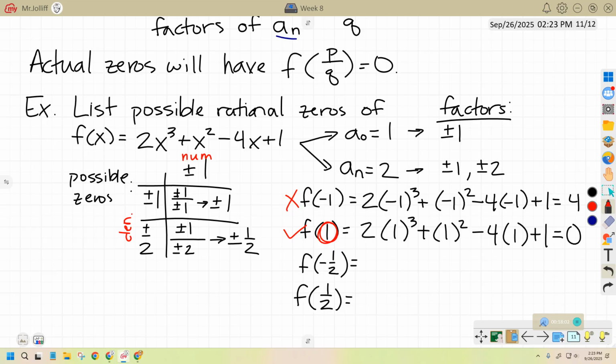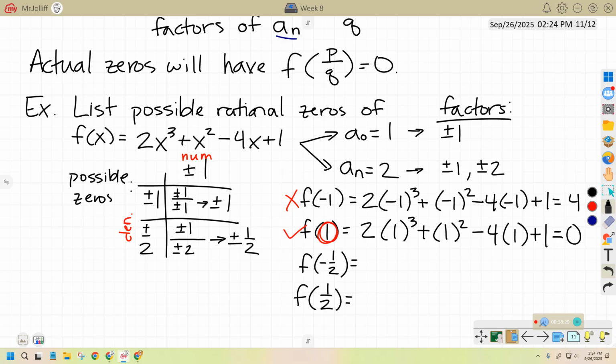I'm going to give you just a minute on your calculator. I want you to calculate the other two and tell me if they are zeros. Oh, wait. I realized. Very good. I know they all can't be zeros because what is the degree of that polynomial? 3, and there are 4 numbers in that list.